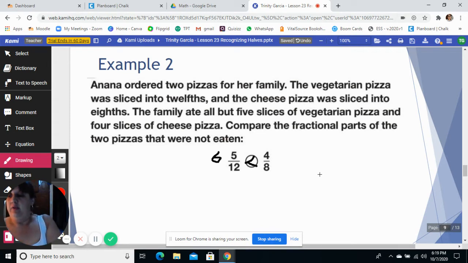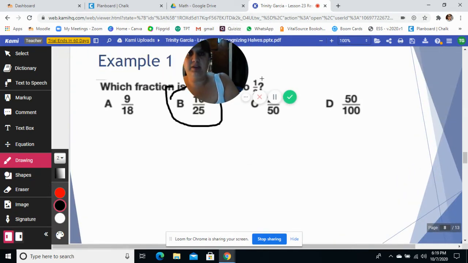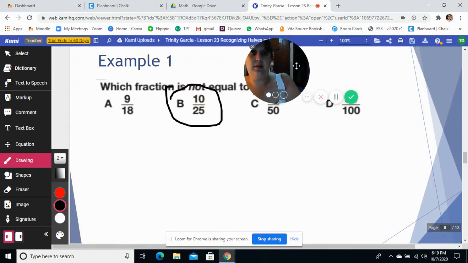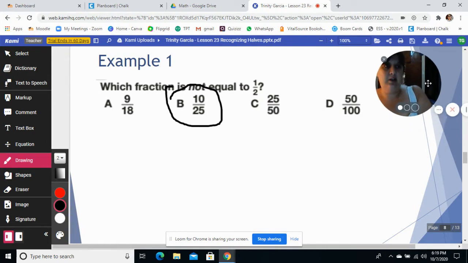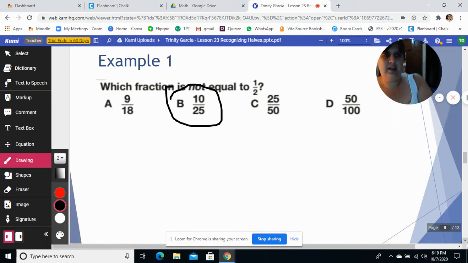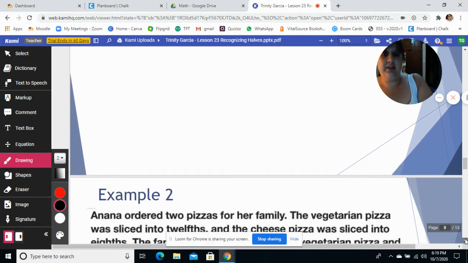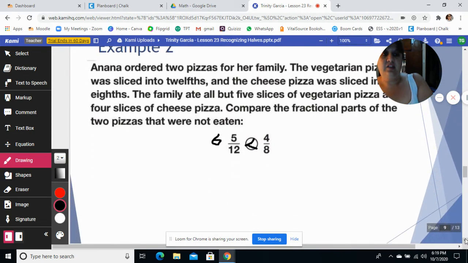We also want to remind you that when we're talking about fractions, oftentimes it helps to think of our fractions just like a pizza. Let me move my picture out of the way.